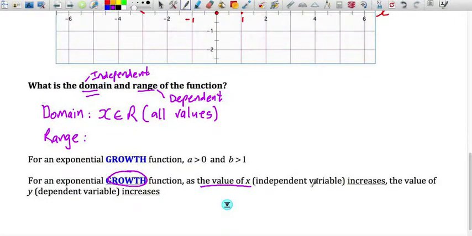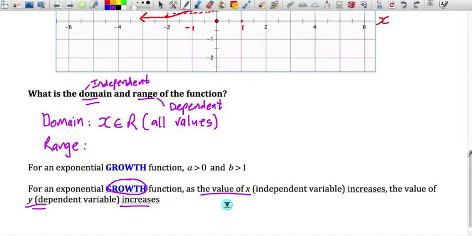As the value of x, the independent variable, increases, the value of y also increases. You can tell that it's a growth function because you have a base which is larger than 1. Our base was 3 over 2, 1.5, and you also have a coefficient which is a positive number. In this case, our coefficient was 1.